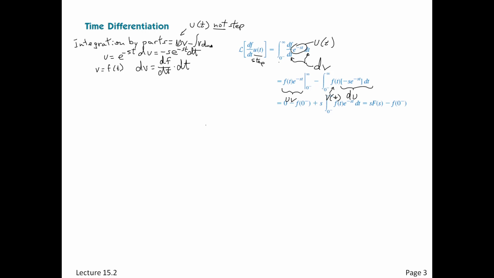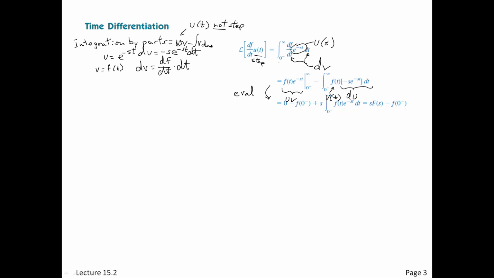So in the evaluation, all we did between here and here is we're going to evaluate this lower bound. So the function at 0 is just f of 0. But that's a lower constraint, so it's minus that.